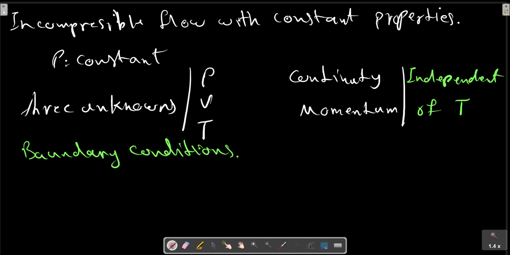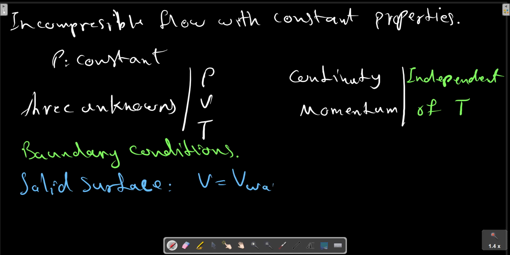Let me write first inlet and outlet flow.